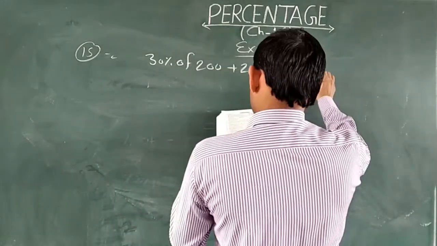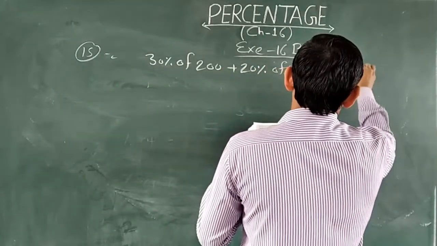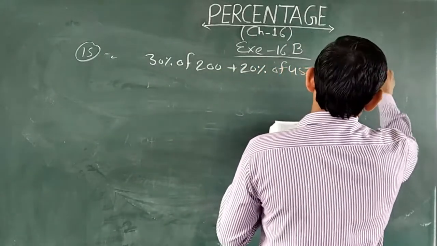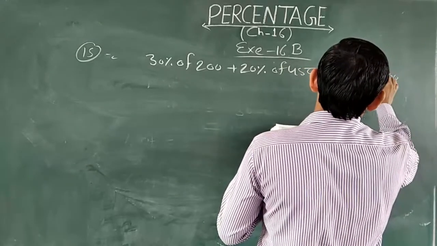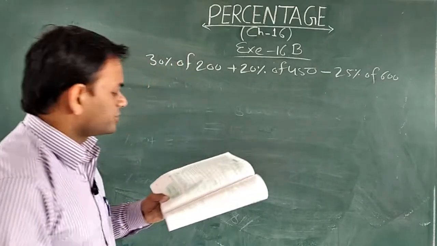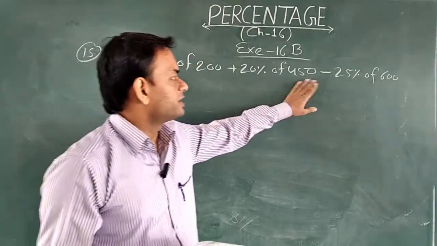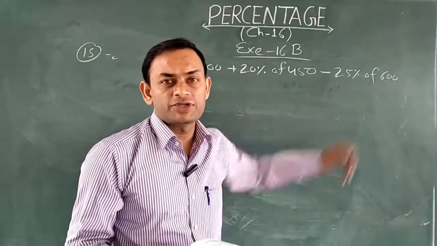You may consider rupees and value whatever you want, and 25% of 600. Okay, 30% of 200, 20% of 450, and 25% of 600 rupees.